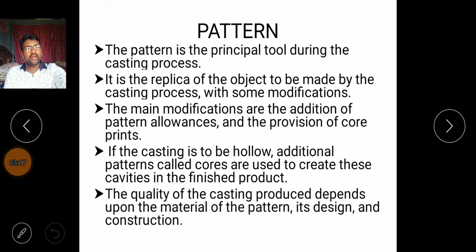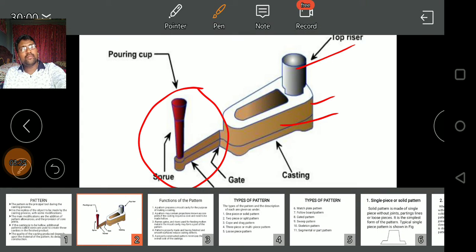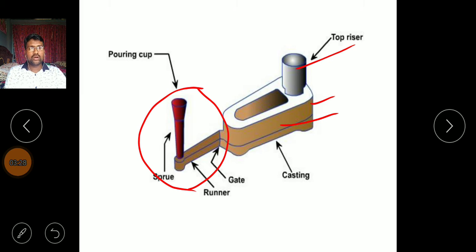Next, it is the diagrammatic representation of a pattern. It is the main pattern. A number of accessory parts are attached to the pattern for pouring the molten metal. They are the pouring cup, sprue, runner, gate and riser.